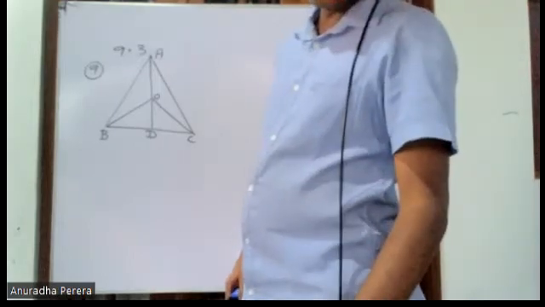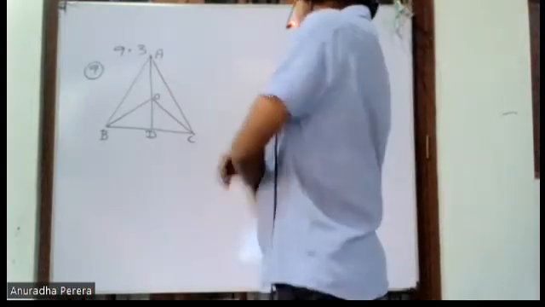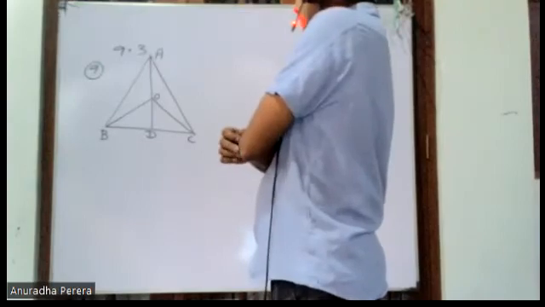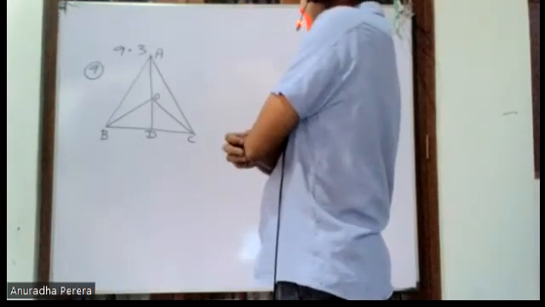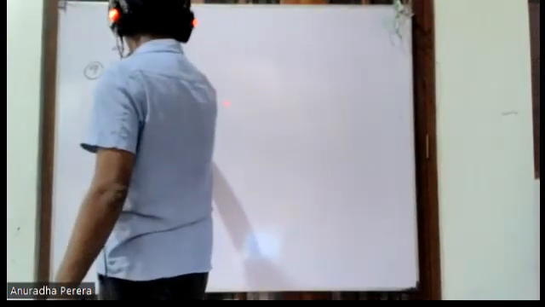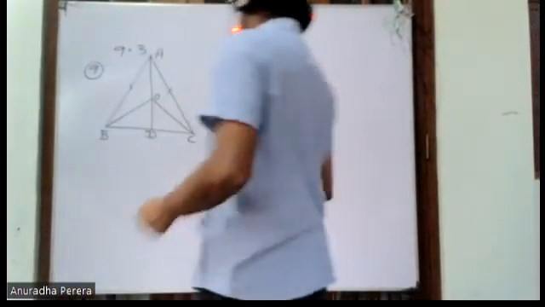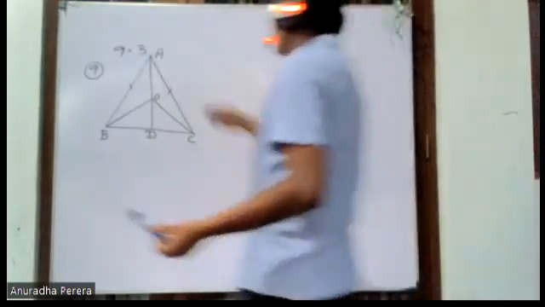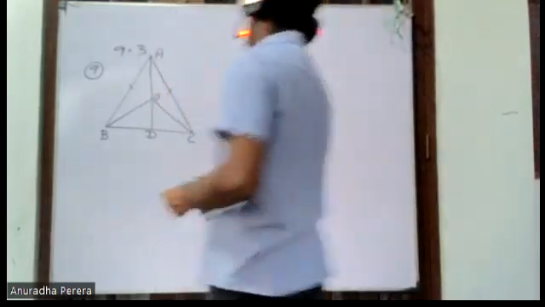In the triangles ABC, AB equals AC. These two are equal. AB equals AC, AO is common, right?